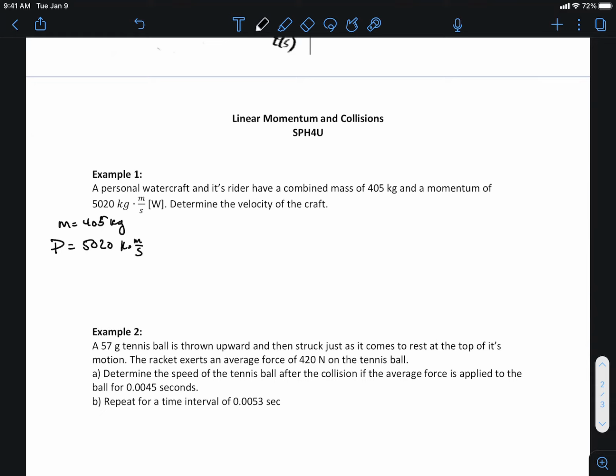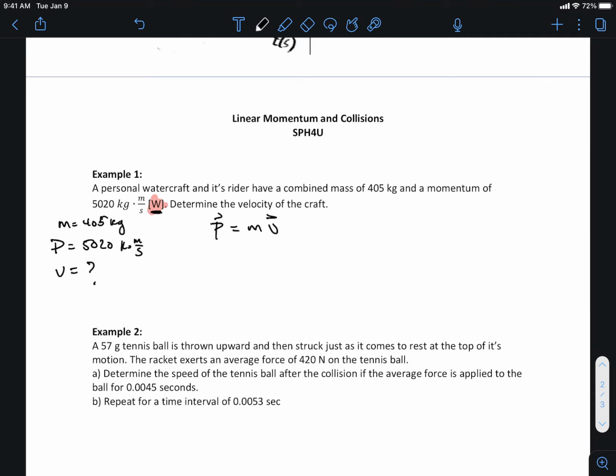And we know that we want to know what the velocity is. And keep in mind, it did tell us a direction here in the question. Then we're going to come back to that. So we know that momentum, or p, we're just going to our equation now, p as a vector is equal to the mass multiplied by the velocity vector.